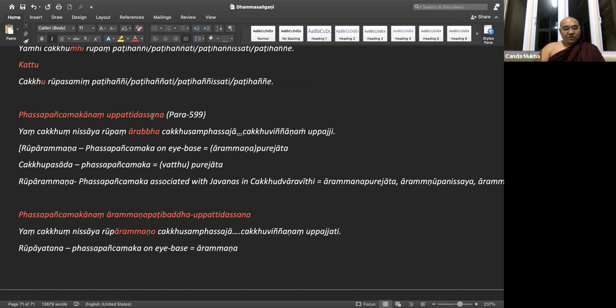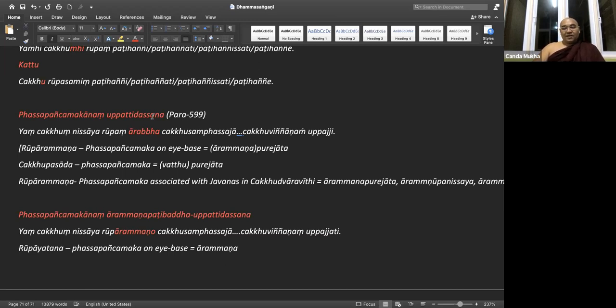That is also the instrumental case ending, so there are two points to pause. Then we have to connect with rūpasa pajaya bhavo: purejata pajayena rūpasa pajaya bhavo, and aramanadhipati aramanupanesaya pajayehi rūpasa pajaya bhavo. That way we have to connect.